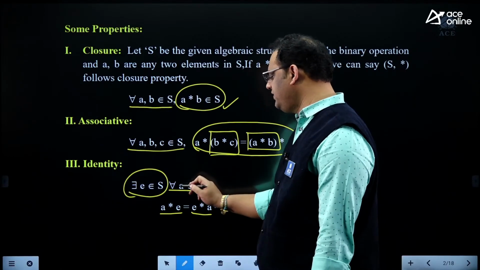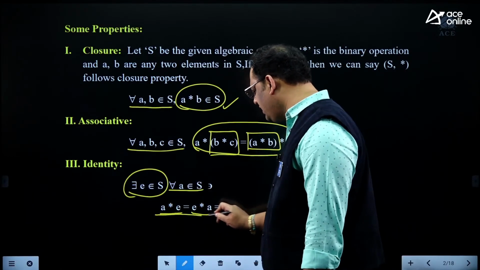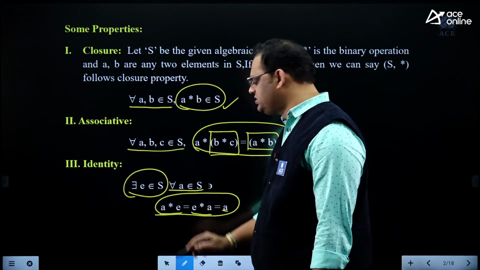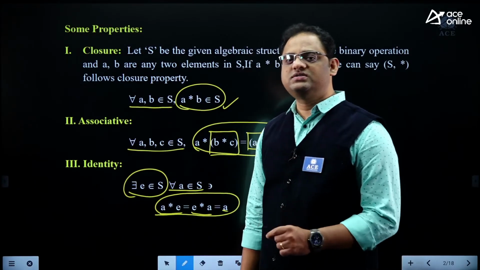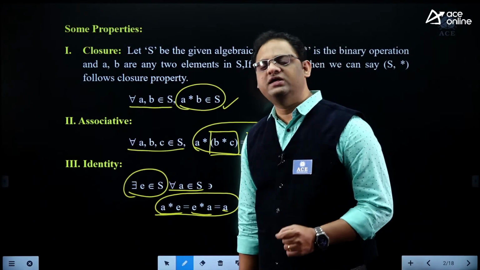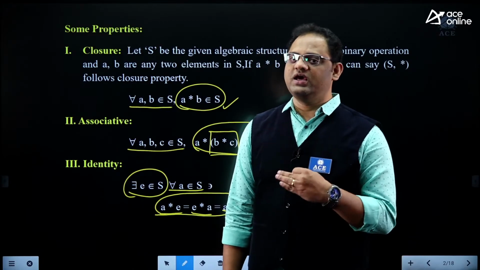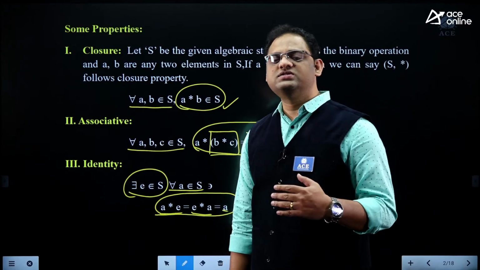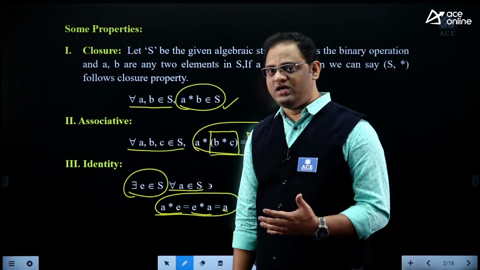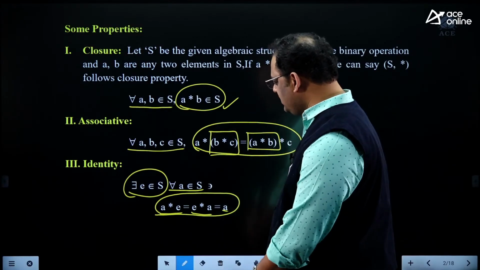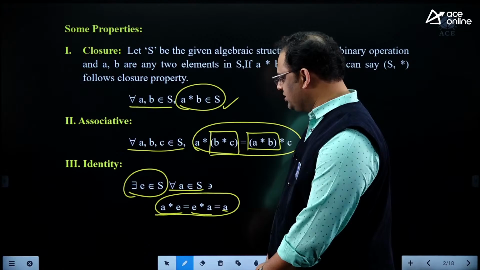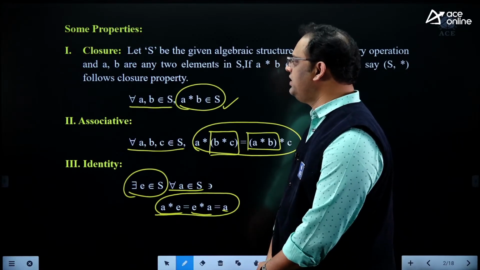For every a, you can take any element in the given algebraic structure. There exists some element which is called the identity element e. That e exists in such a way that a star e is equal to e star a is equal to a. That is the property of identity, my dear.